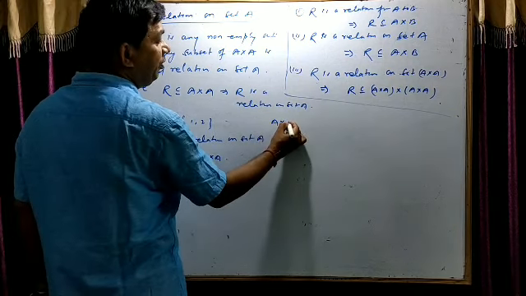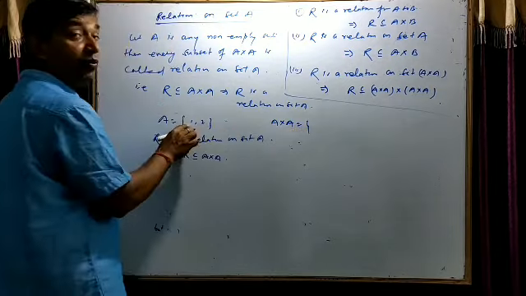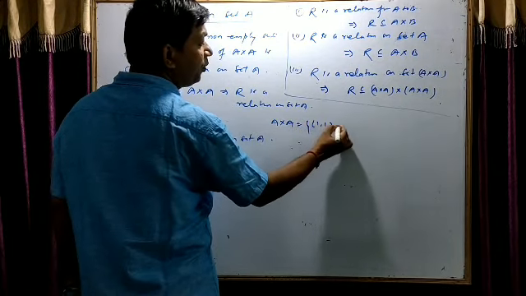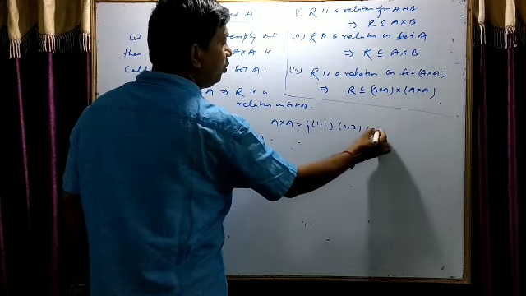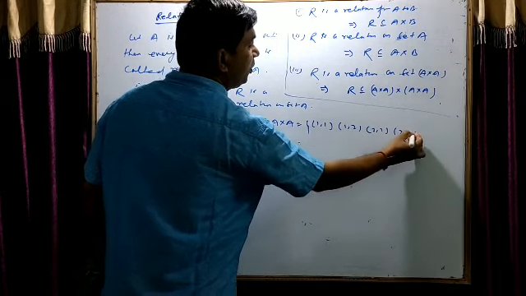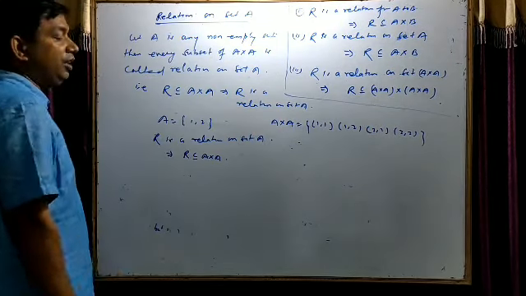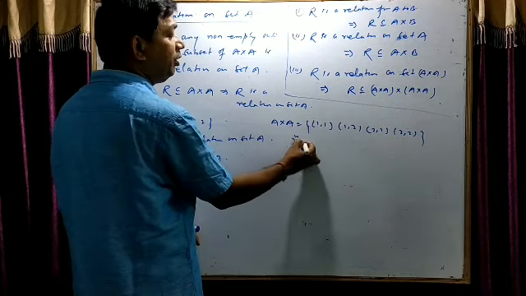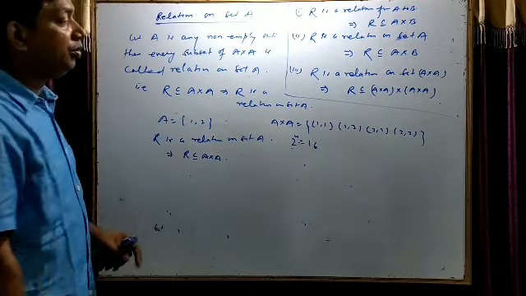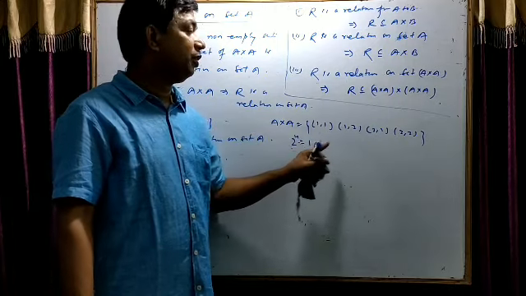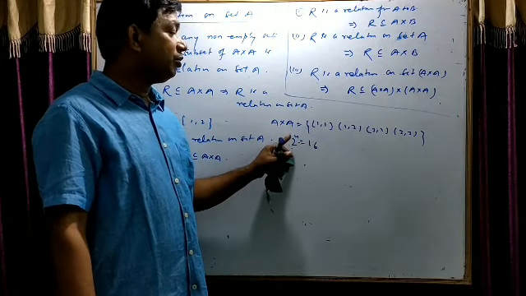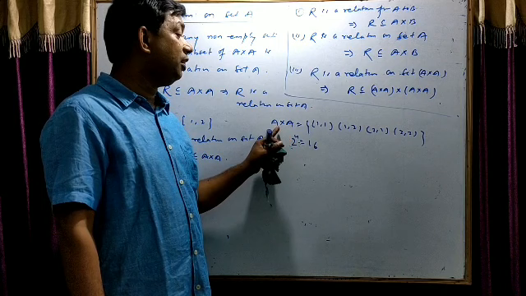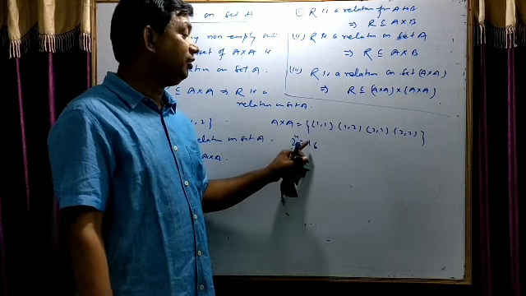A cross A is (1,1), (1,2), (2,1), (2,2), this many elements. So R is a subset of A cross A, and the total possible number of subsets is 16 again. 1, 2, 3, 4, four elements are present in A cross A, so the total number of possible subsets is 2 to the power 4, that is 16.